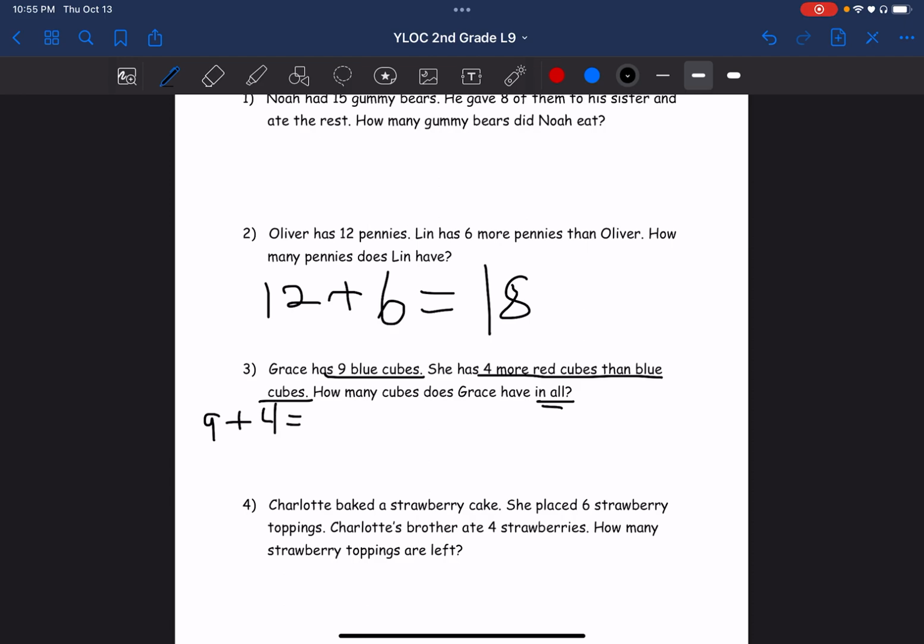And that's 13 red cubes. And so we have to add the 13 and the 9, so that's 13 plus 9, which equals 22 cubes total. Yeah, and that's it for this lesson. Thank you.